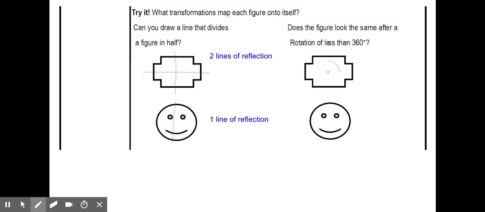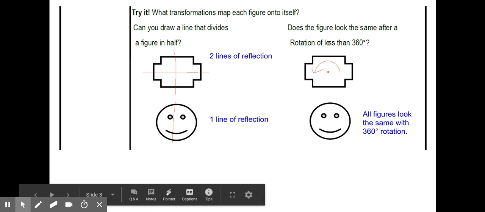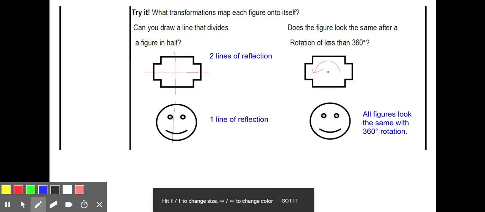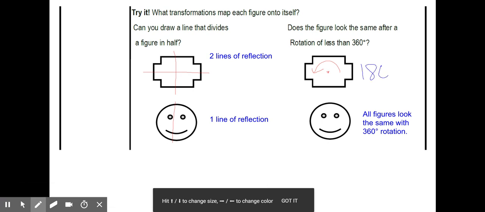And it looks like if I just do a half a turn, then the figure will map or be placed upon itself. So it looks like we have a 180 degrees rotation.